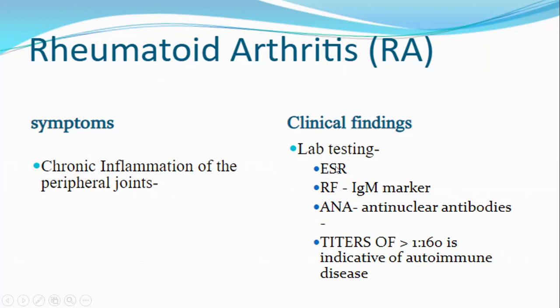Then there is presence or detection of rheumatoid factor, which is actually an IgM, and presence of ANA, anti-nuclear antibodies, more or less the same ANA that we talked about in SLE. Now, a titer of 1:160 is indicative of autoimmune disease. Okay?